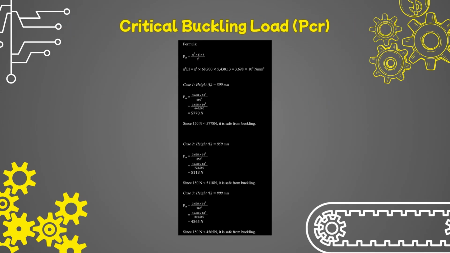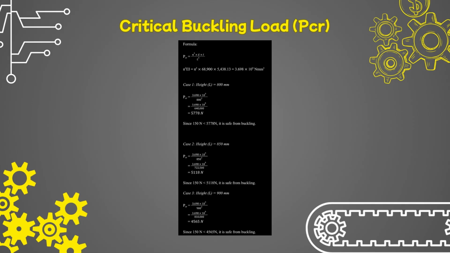Beyond simple compression, we must ensure that the stick doesn't buckle. We calculated the critical buckling load using Euler's formula. There is an inverse relationship here. As the stick gets longer, its resistance to buckling decreases. The 800mm stick can withstand 5,778 newtons.